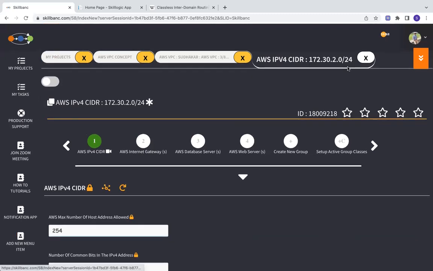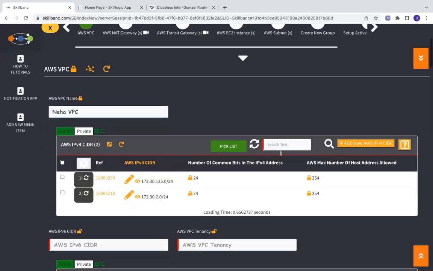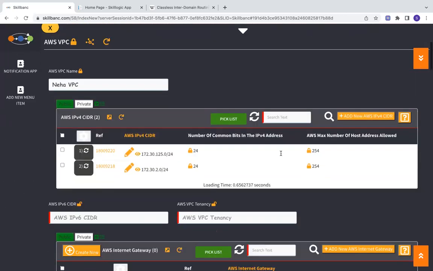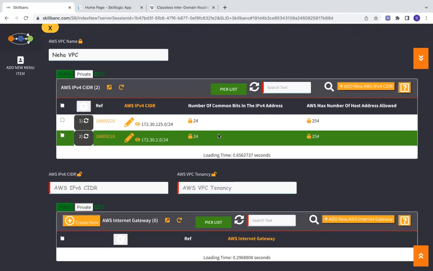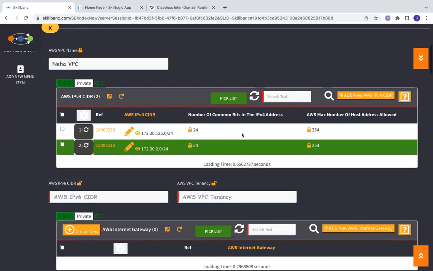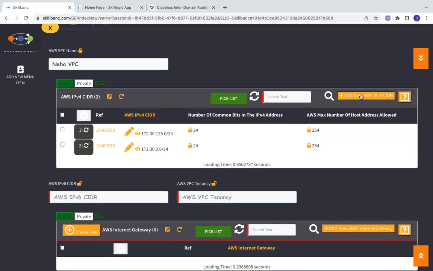So let's take a look at another one. Your goal is to create your own VPC and then create your subnets and mention how many bits you are interested in for that subnet. So I can create another subnet.